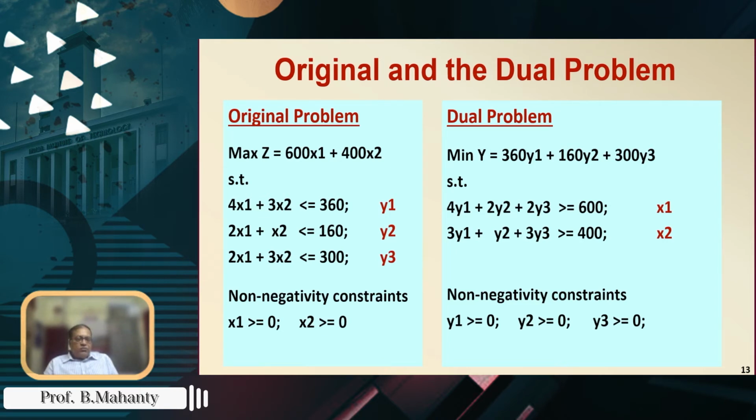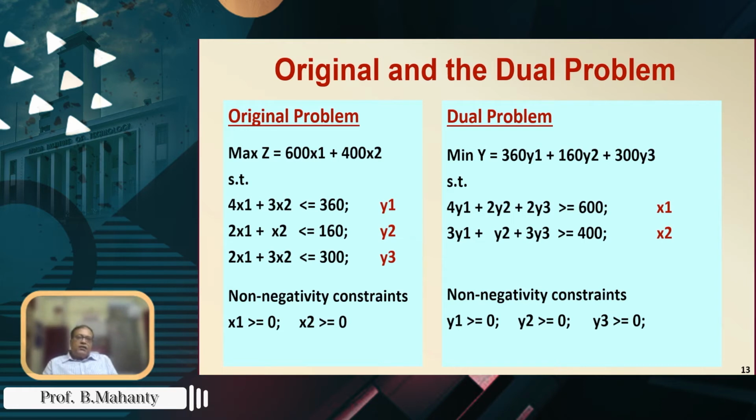It should be less than or equal to, right? If the primal is in standard form, the dual should also be in standard form. If the primal is non-standard form, then the dual should also be in non-standard form. And when you talk about standard form, you should understand maximization standard form or minimization standard form.